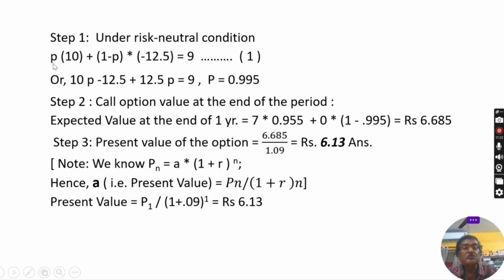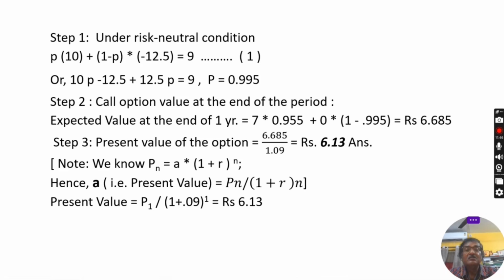We have assumed P is the probability for increasing the share price, then definitely 1 minus P is the probability of decreasing the share price. And this is the expected return, which must be equal to 9% given in the problem.